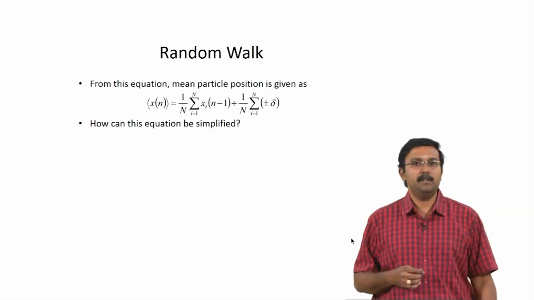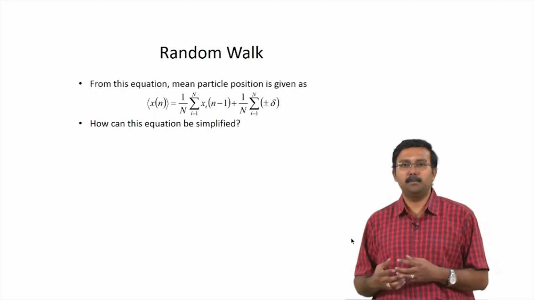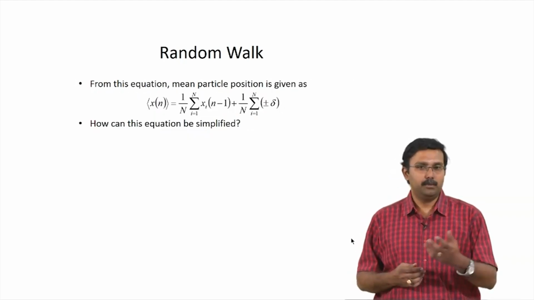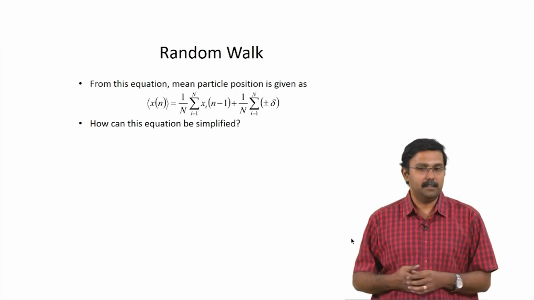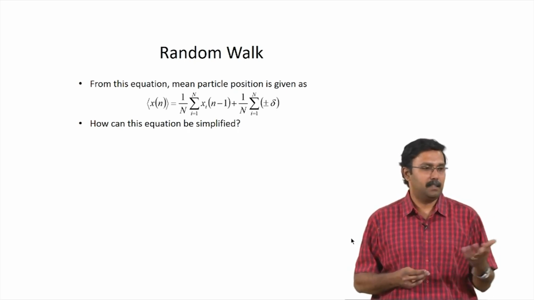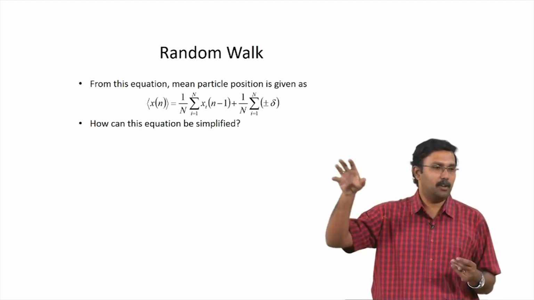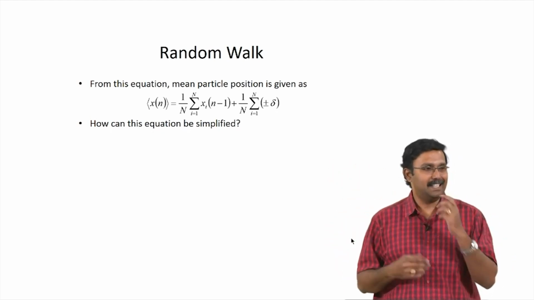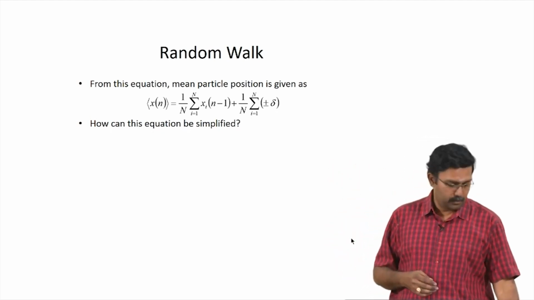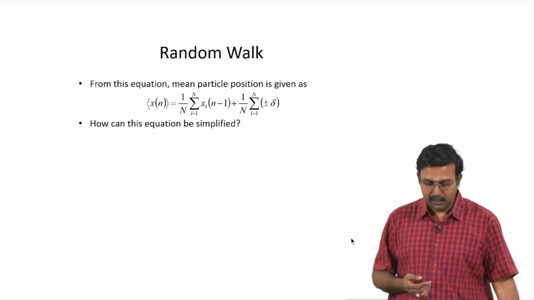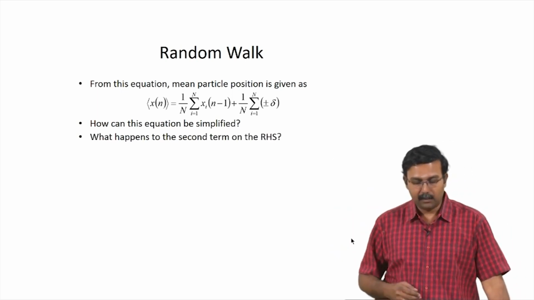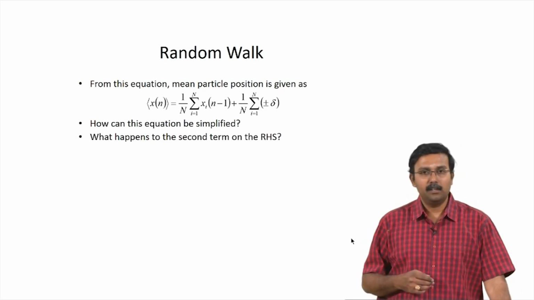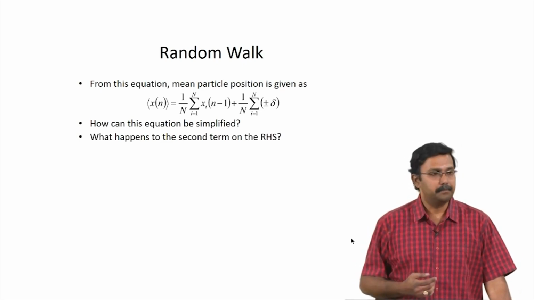From this equation you can calculate the mean particle position. Basically you just sum all the positions and divide by the number of particles. Okay. Now you need to simplify this equation. If you were to simplify it, can you think of what would happen to the second term?